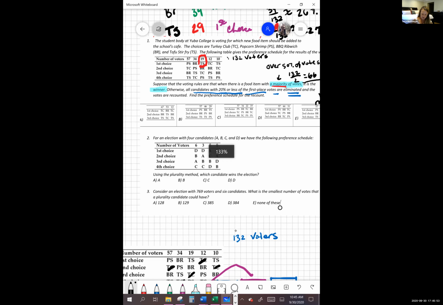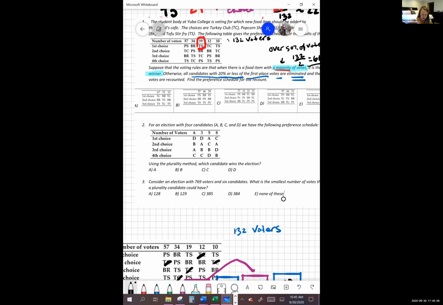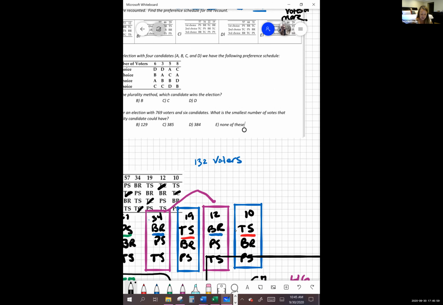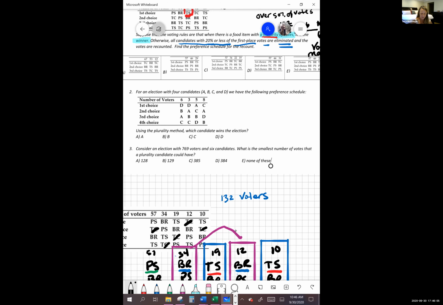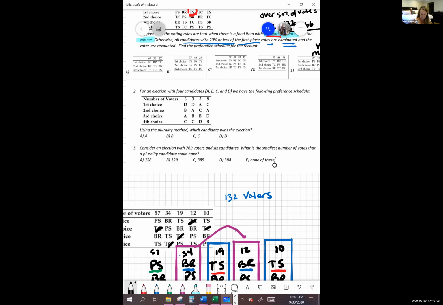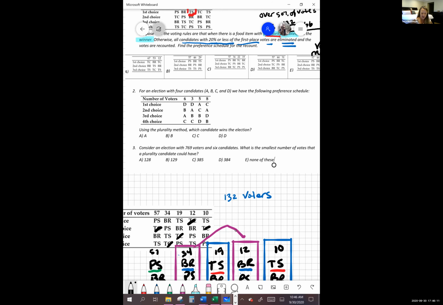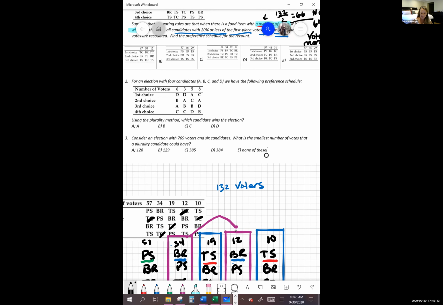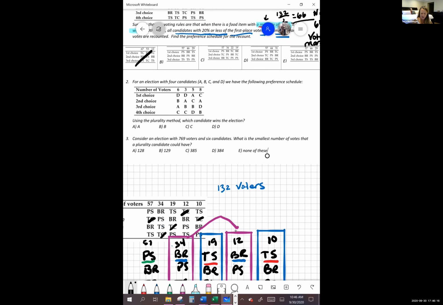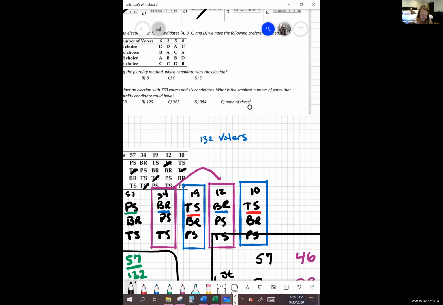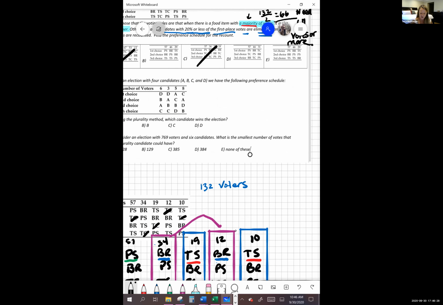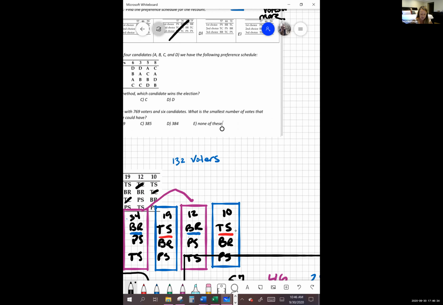So 57, 46, 29. Yeah. So some of these you can just exclude, right? You know, Turkey Club is no longer in there, so that can't be A. And it didn't sum up right as my columns did. B could be a choice. This can't be a choice because Turkey Club's in there, and E, B or E. So 57, 46, 29, 57, 46, 29. Those both work. PS, BR, TS. PS.